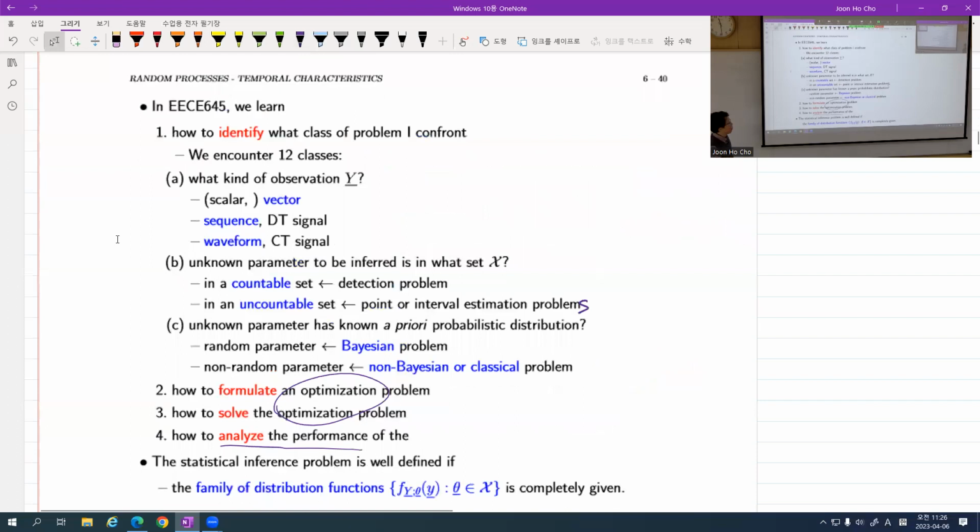So if you take my course, I don't know when I will open this course, but the course is divided into 12 subparts. First, I divide the entire course based on the observation: random vector observation, then sequence or discrete time signal, and then continuous time signal.